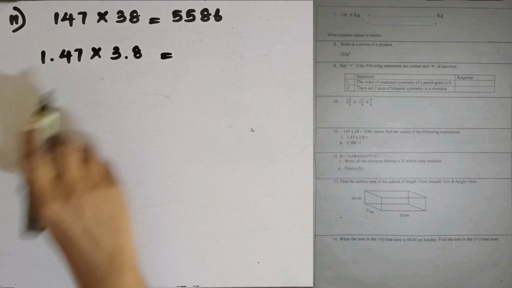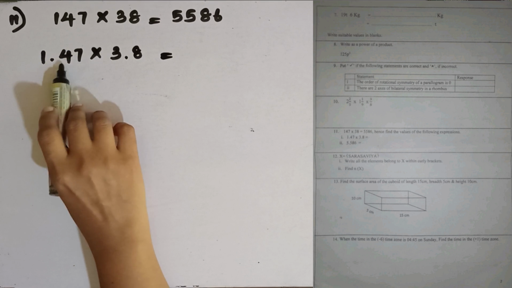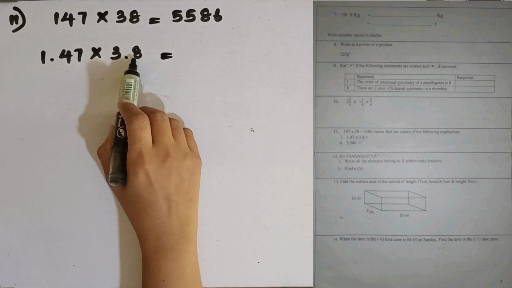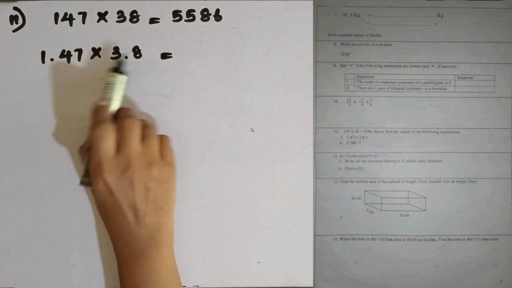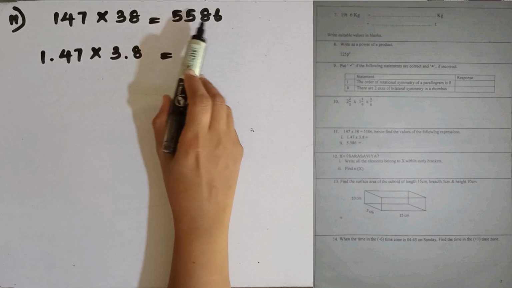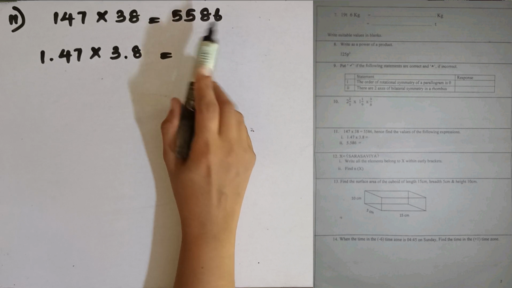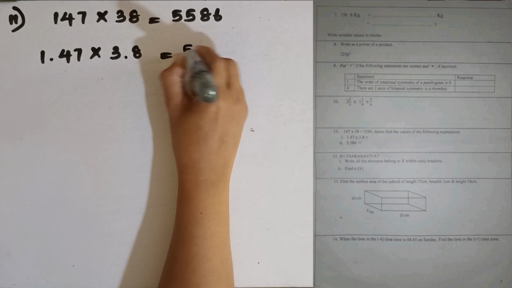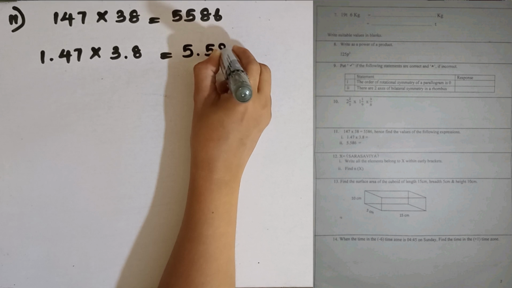How to take this? How many decimal places are there in these two numbers? Two places here, one place. So we have to keep 3 decimal places in the answer. The answer is 5.586.